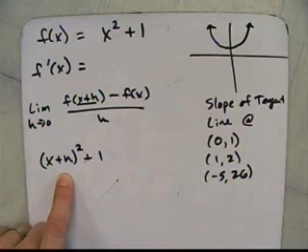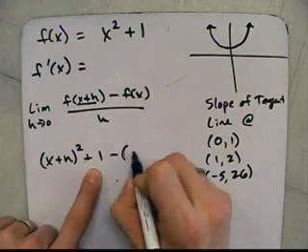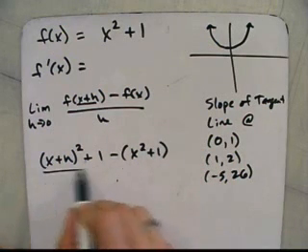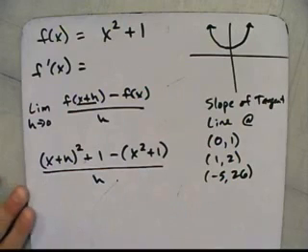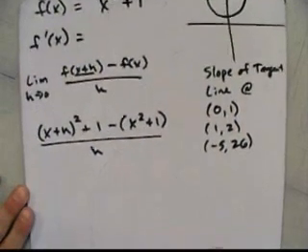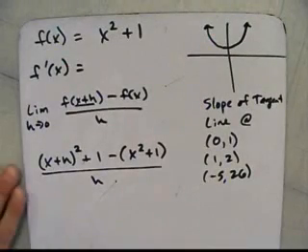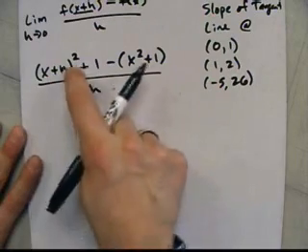Now I'm subtracting f of x, which is the function, so subtract the entire function, x squared plus 1, and we divide all of that by h. Everybody kind of seeing where we're plugging stuff in there, maybe? You'll get the pattern as we do a couple more of these.